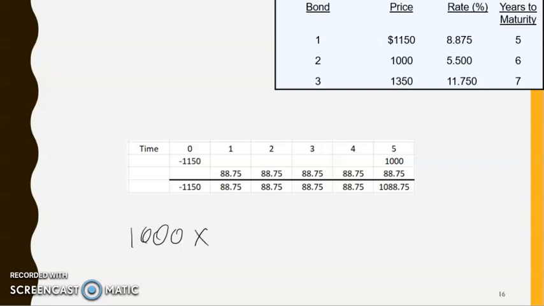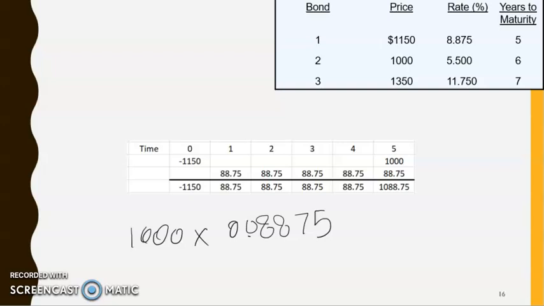So it would be 1,000 times 8.875%. That is, as you can see, 88.75. You will get 88.75 for 5 years, and finally at the end of year 5 they give you back your initial $1,000 you lent them.